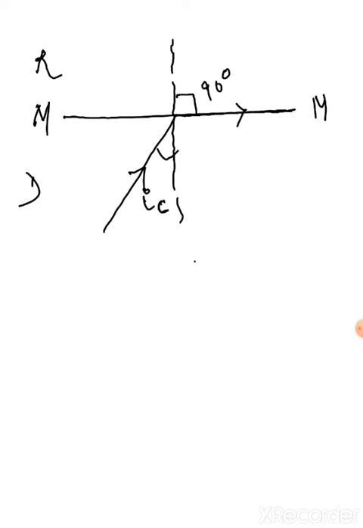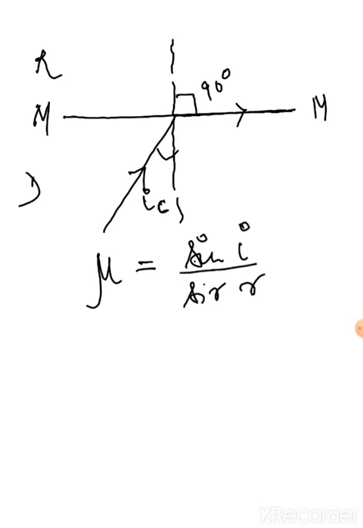Yes. So now if I try to find the refractive index, you know from Snell's law it is sine i by sine r. But at this particular point, the refractive index of the denser medium with respect to the rarer medium is sine i, and what is i here?